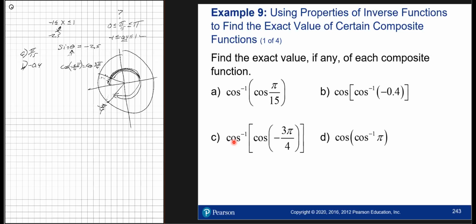Now with tangent, please notice the domain for inverse tangent. Oh, wait a second. The domain of inverse tangent is all real numbers, and for tangent, the angles have to be between negative pi over 2 and pi over 2.